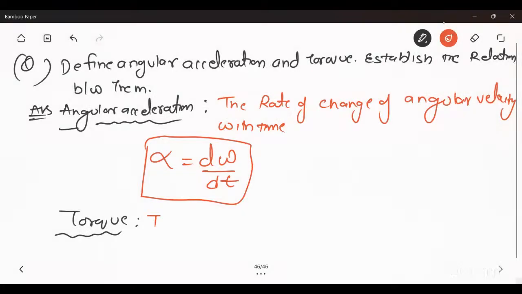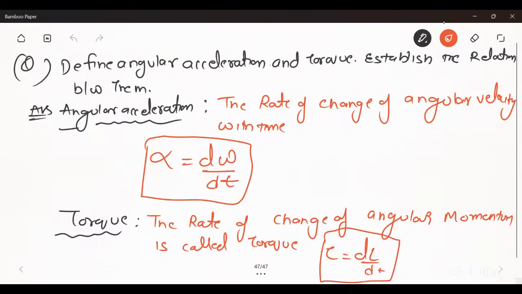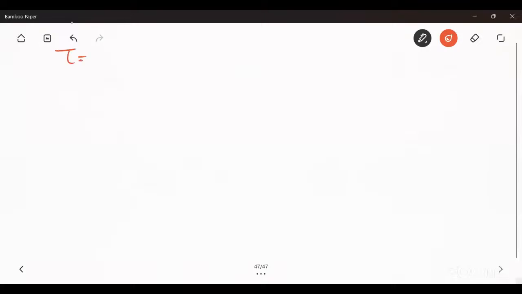The next definition is that the rate of change of angular momentum with time is called torque. The value of torque is dL by dt, that means the change in angular momentum with time.